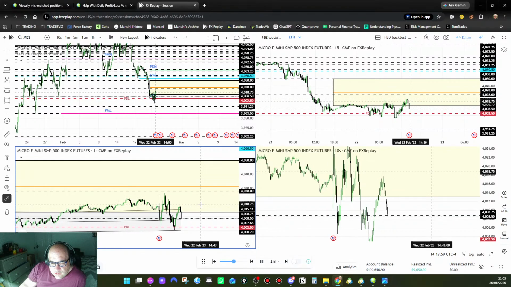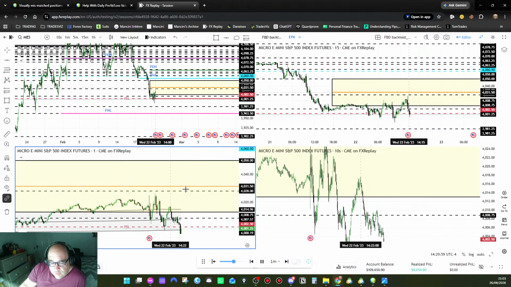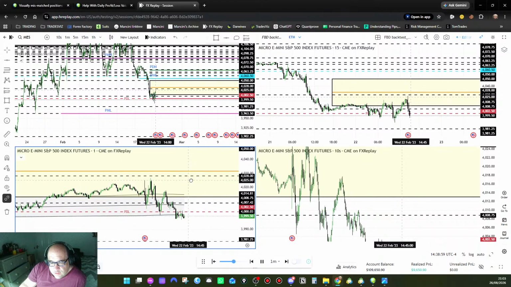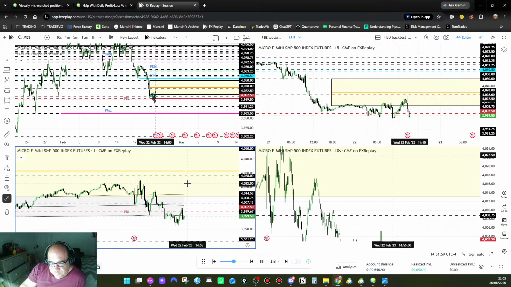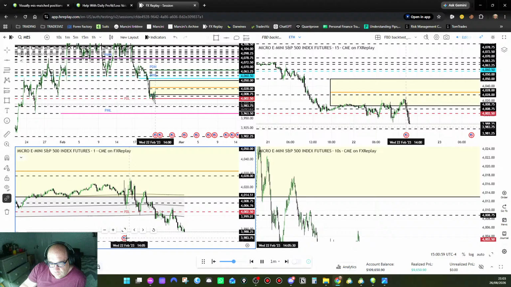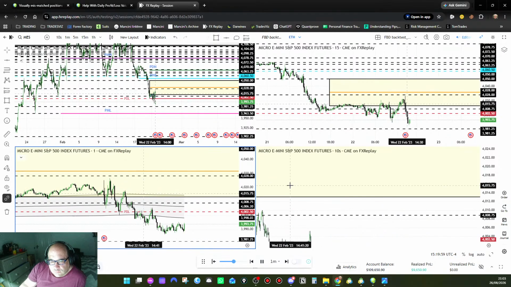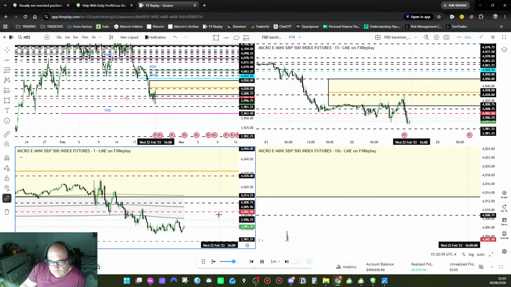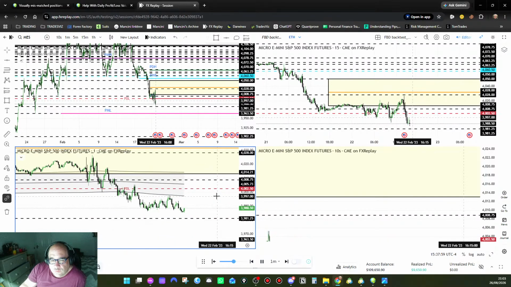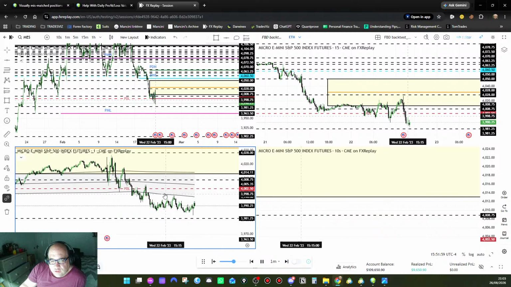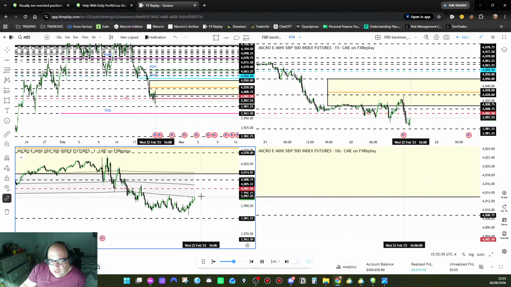Here you can see how the previous VWAP has a strong reaction. You can't really break above. And actually, I think it took us out of the trade because it had a tight stop loss.